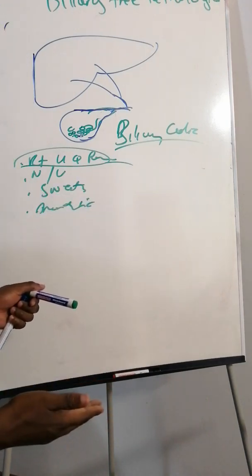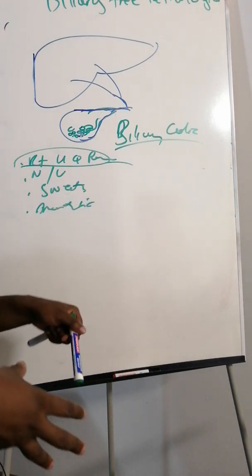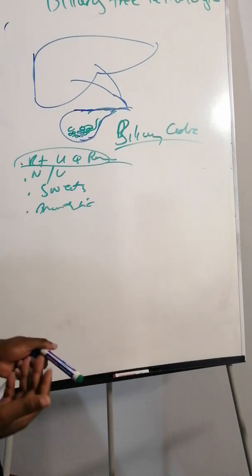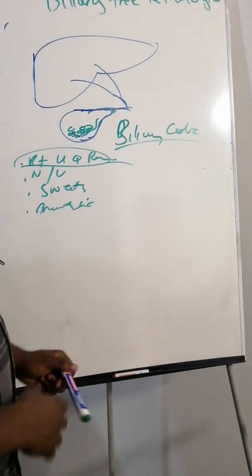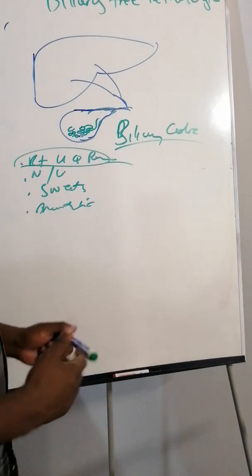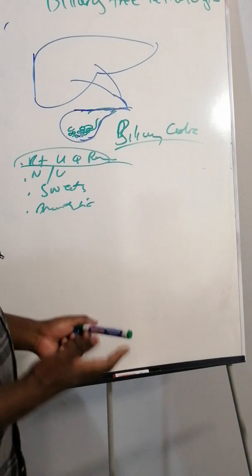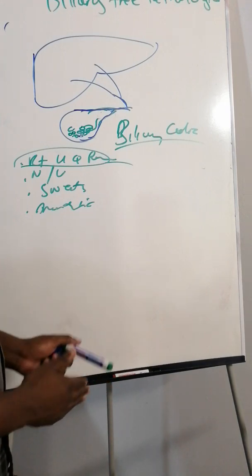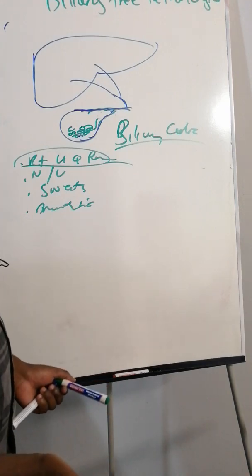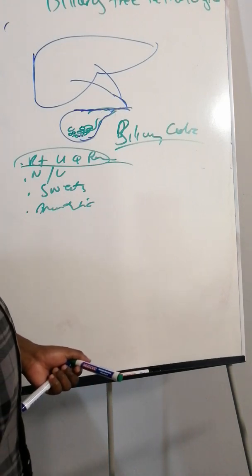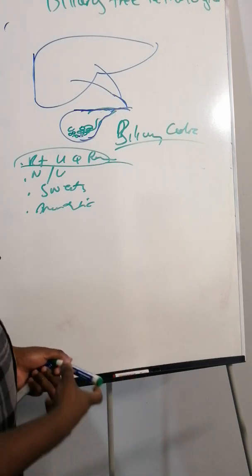Gallstone disease is a patient who has gallstones and then they become symptomatic. But when someone just has stones there, it's just cholelithiasis. It's not a disease, it's just stones in the gallbladder. So it's uncomplicated, they are asymptomatic. But once they become sick from the stones, then it becomes gallstone disease.